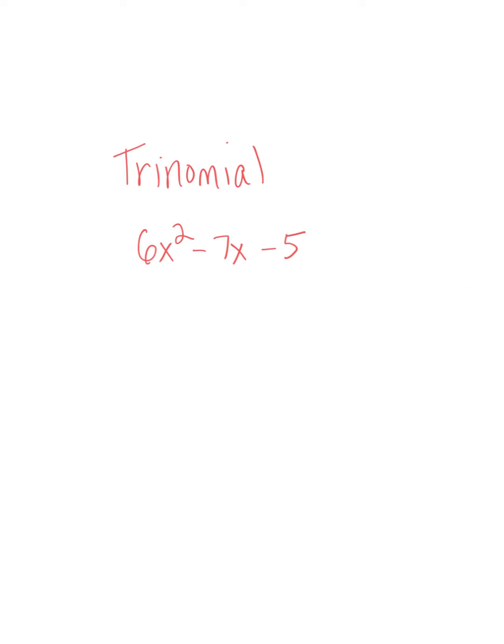If we look at our next one, it is a trinomial. If we look at it, 6, 7, and -5, we don't have a GCF. And so I'm going to start the process of multiplying a times c. That'll give me -30x squared and -7x.